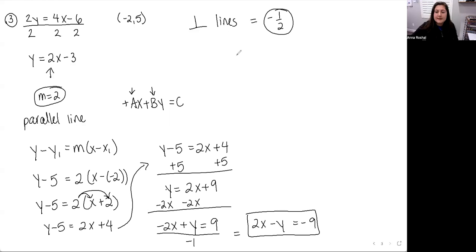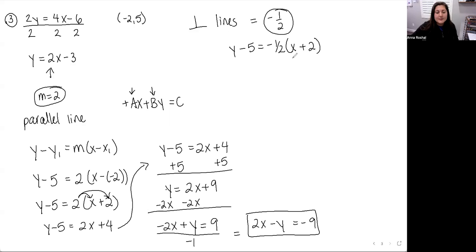So we're going to do the same exact thing for perpendicular lines, right? And this is just the sign for perpendicular lines. Obviously, it's going to look more accurate in your textbook, but you get the idea. Okay, so I'm going to start with y minus 5 equals -1/2 times x plus 2.